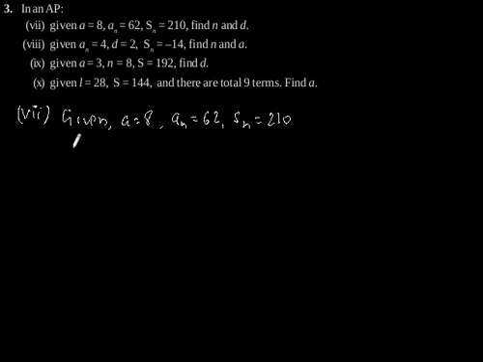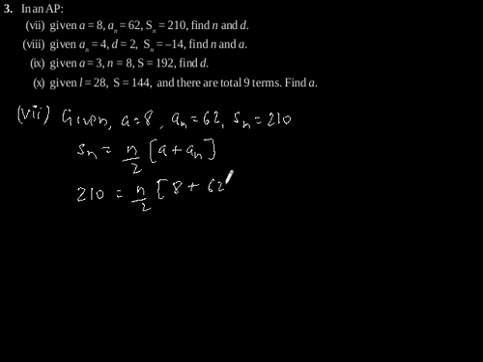Now as we know, Sn is equal to n by 2 under bracket a plus an. Putting the value, Sn is 210, n by 2, a is 8, and an is 62.